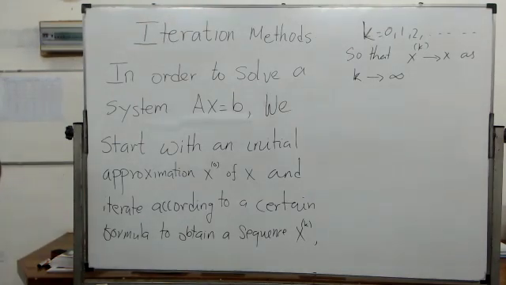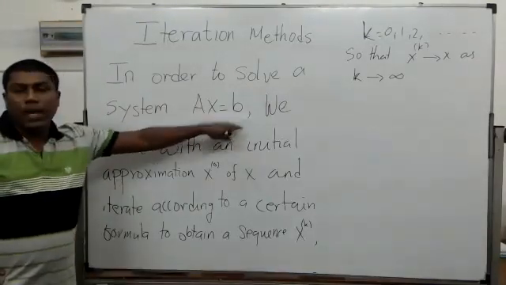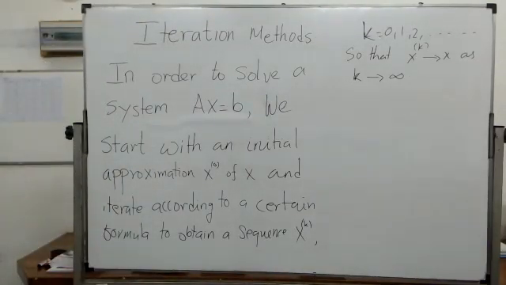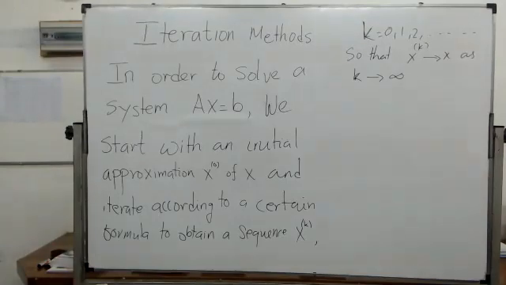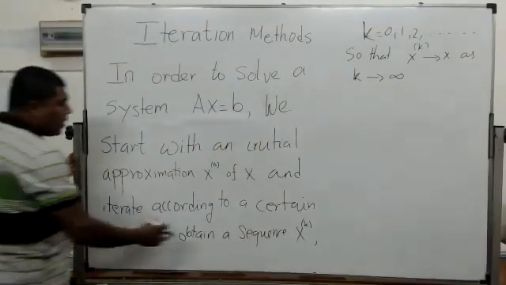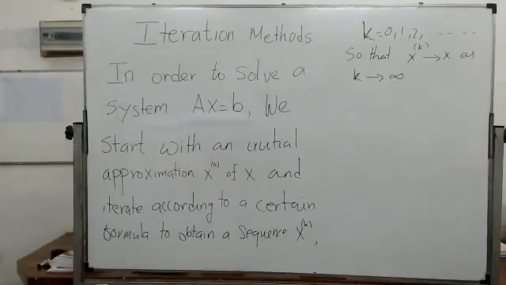So this is what we do in the iteration method. We want to solve the system Ax equal to b, but here we start with an initial guess x naught. Later on, we will see how we can make that initial guess. Then we create a sequence xk, which are approximations for the solution x.